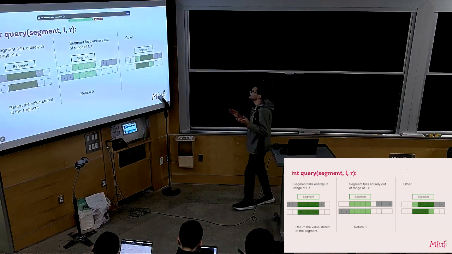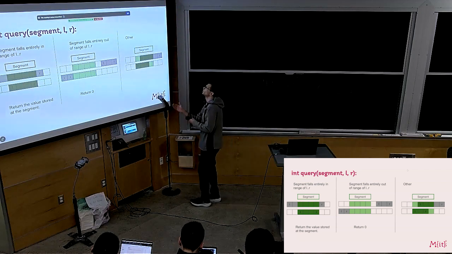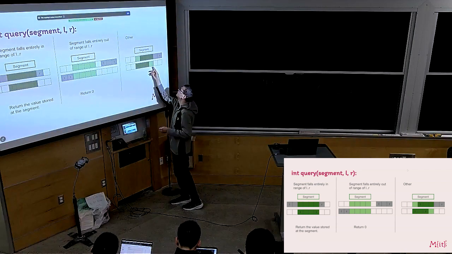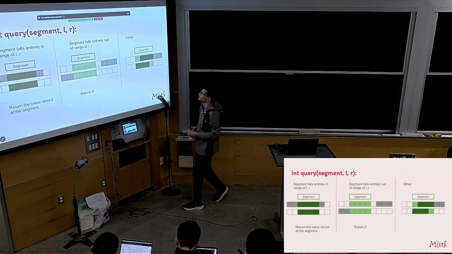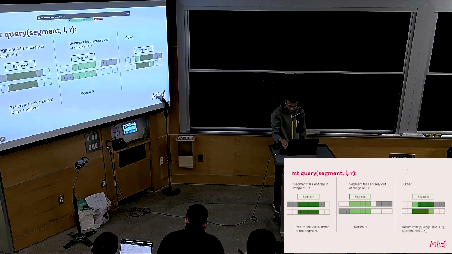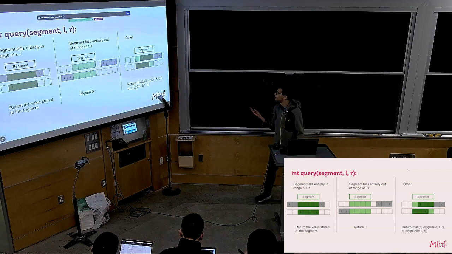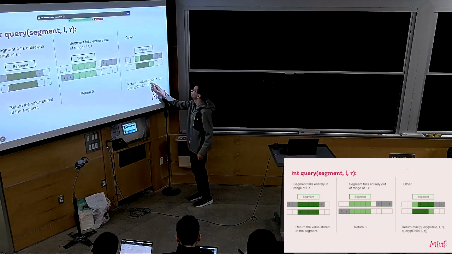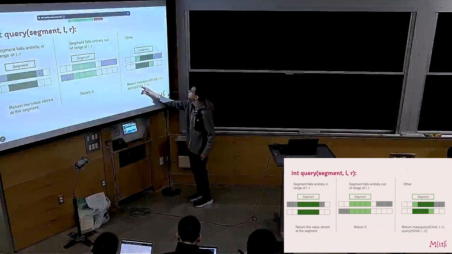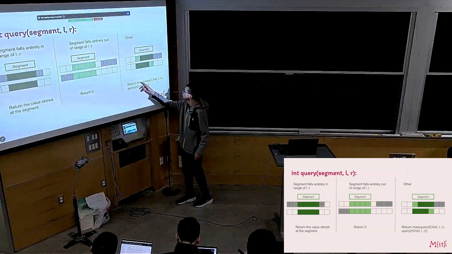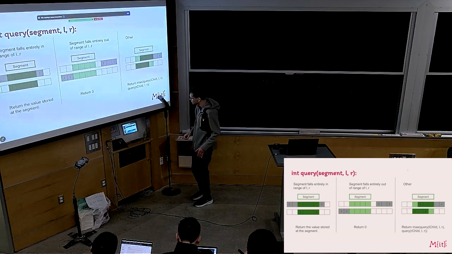And then the third case is, what if the intersection is more complicated? Maybe L to R is contained in the segment, or maybe L to R has some partial overlap with the segment. That is quite complicated. In that case, I just recursively call the query function on the two children of my segment, and I return the max of those two values.